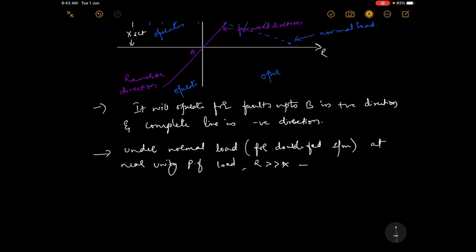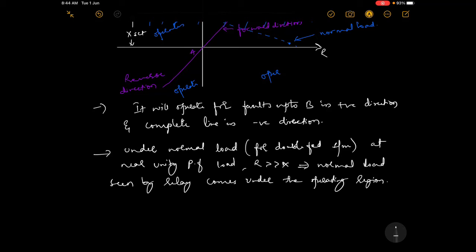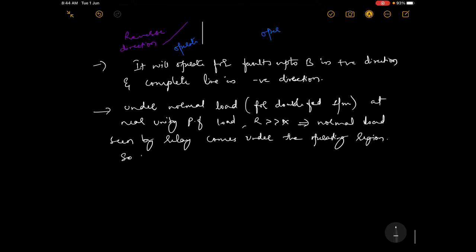Unity power factor implies the normal load seen by the relay comes under the operating region. So your relay will maloperate.